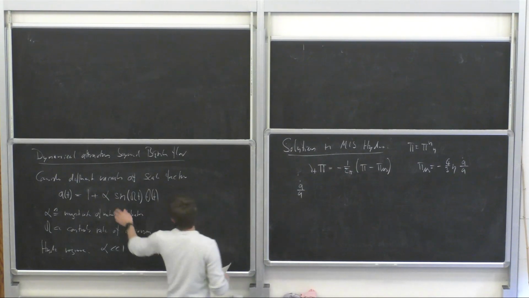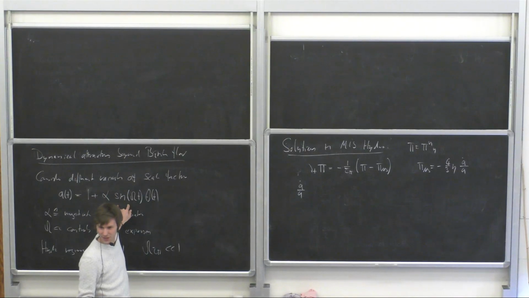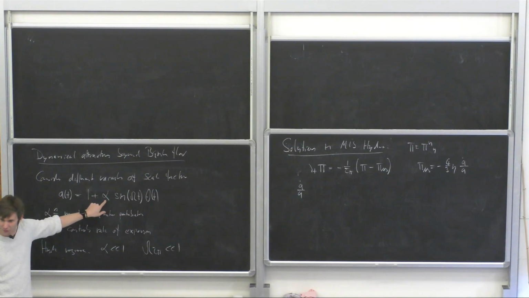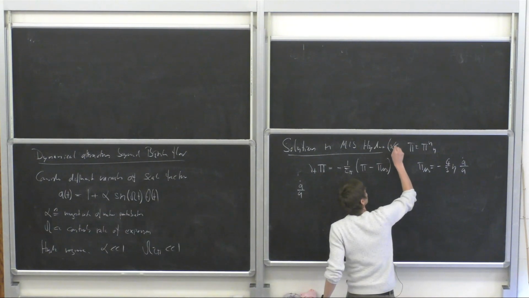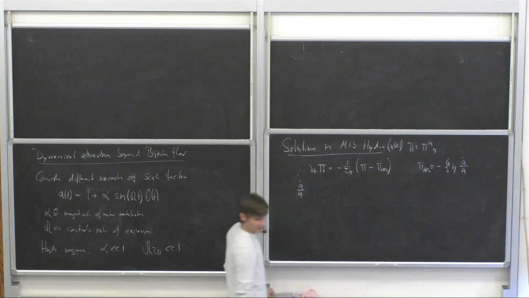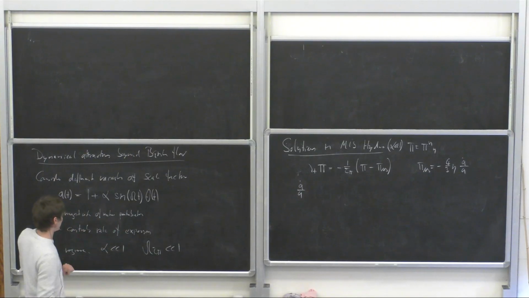In principle, we take time derivatives and everything, but we are interested in the regime of small alpha. So let's write here, we do this for alpha much less than 1. I said this in words, but I'm going to do this approximation here.